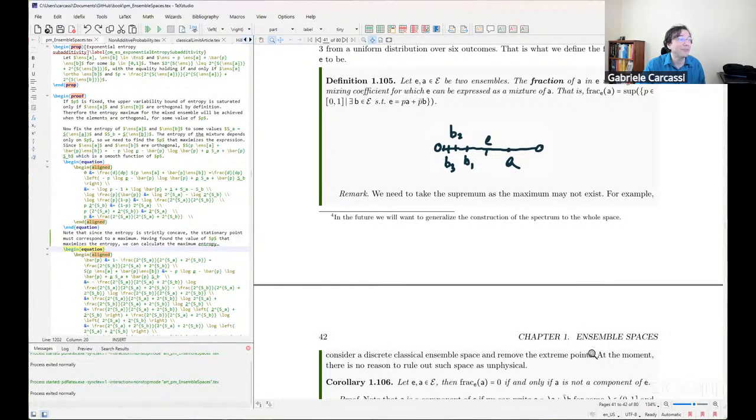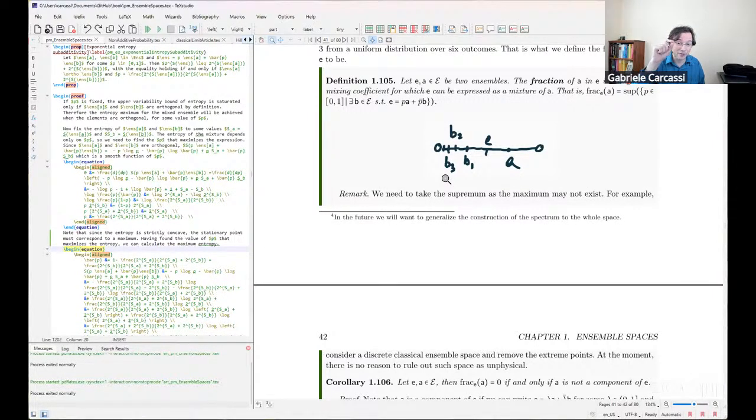And at the moment, there is no reason to rule out such spaces as physical. So there is a sense that maybe if we had a true theory of Planck scale, whatever, it could be that the idea of a state that is perfectly prepared might cease to exist. You have a sequence of approximations to something that would be a pure state, but you never have a pure state. So in that case, it would be like saying you can never reach zero entropy. So zero entropy is the limit.